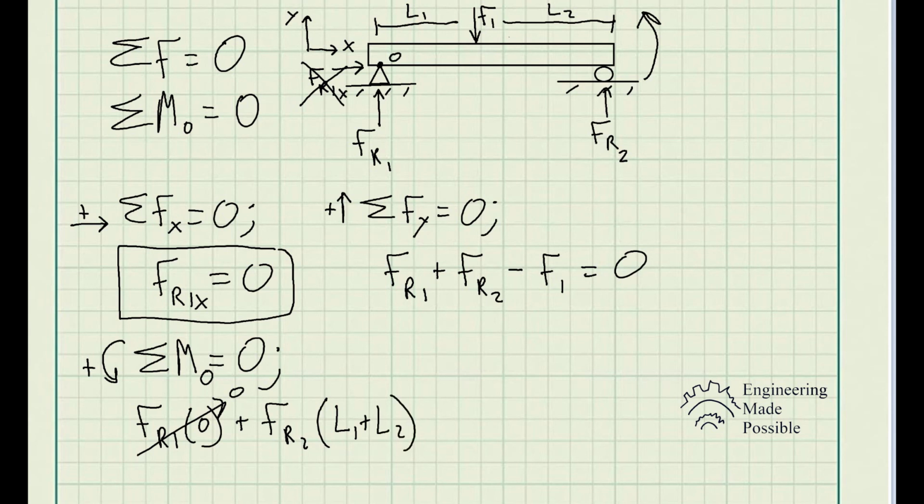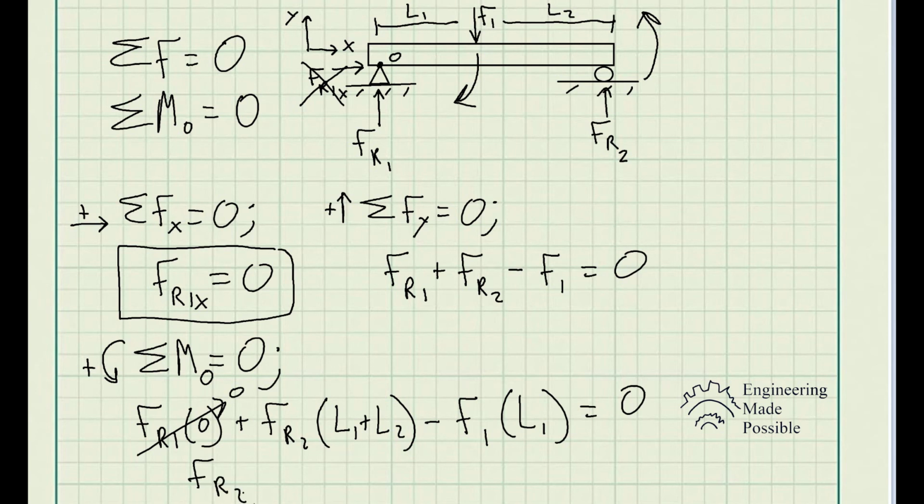And then we have F1, which would have the opposite effect. It would rotate with respect to that point O this way, clockwise. So in this case, it's going to be negative F1 times your perpendicular length. In this case, it's L1. So now we're able to solve for FR2.